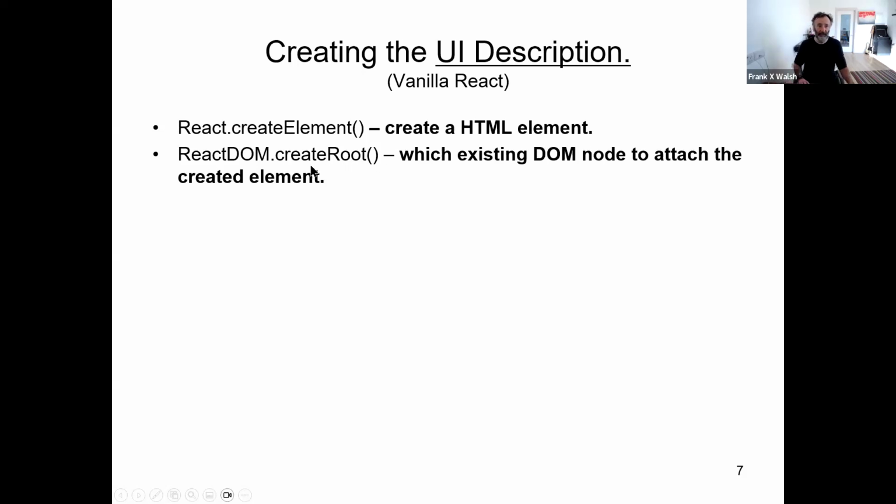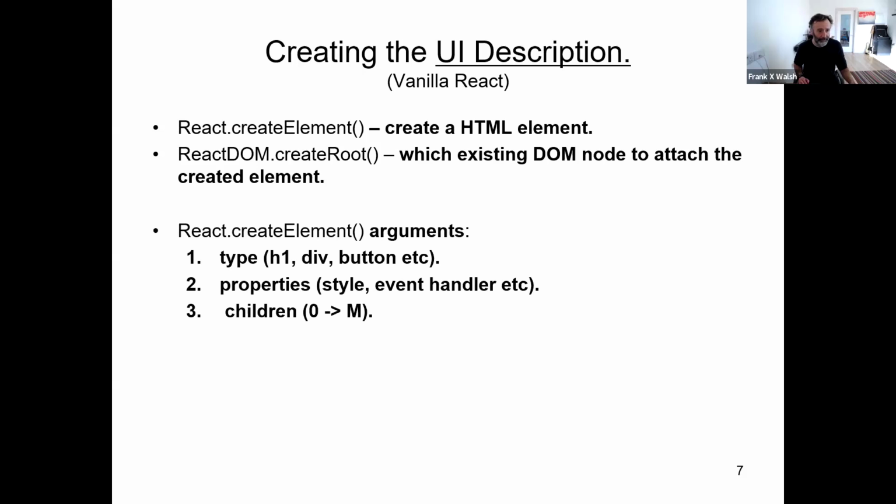And we use the createRoot function of the React DOM library that we can bring into our web pages, which we can use to select the existing document object model node that we want to attach a particular element to, right? In a web page, right? Your document object model is the programmatic representation of your web page.